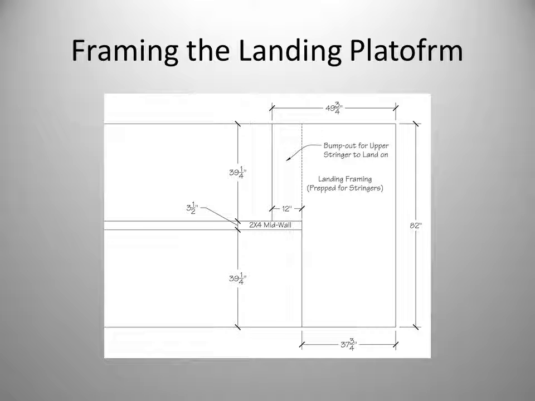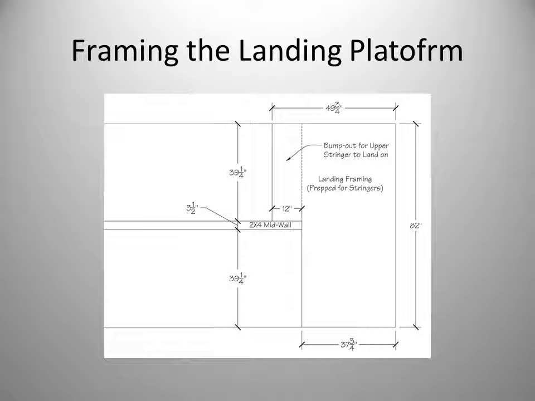Here's how we will frame our platform. Similar to how we extended the platform in the quarter-turn stair to accept the upper stringer, we will bump out our landing for the half-turn stringer as well. The 2x4 partition wall, which will extend up higher than the landing, will be built first and provide a convenient breaking point for the bump out.